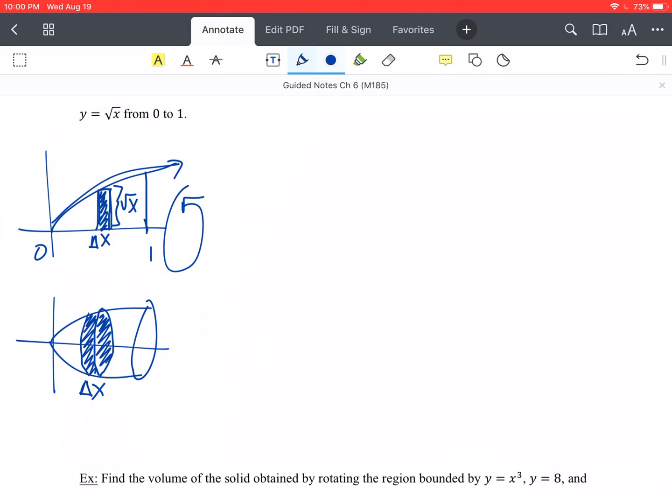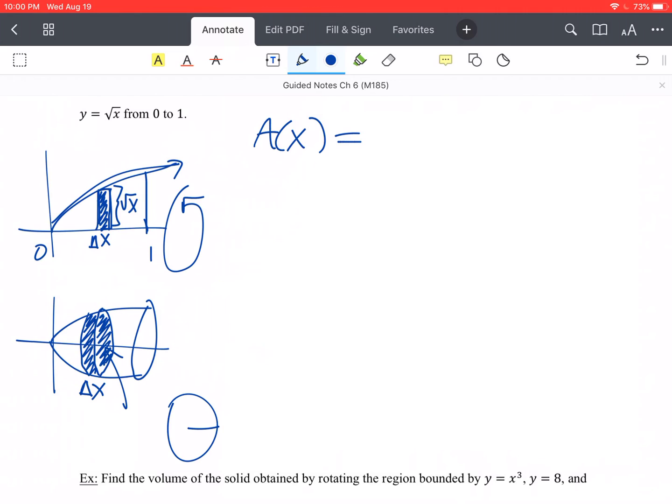So the cross section is going to be, again, this circular disk, the surface there, and that's just a circle. It is just circular because it's being rotated about the axis. So the area of that is pi r squared.